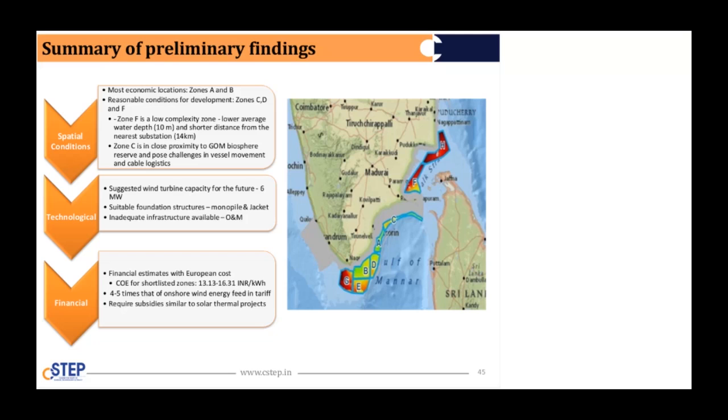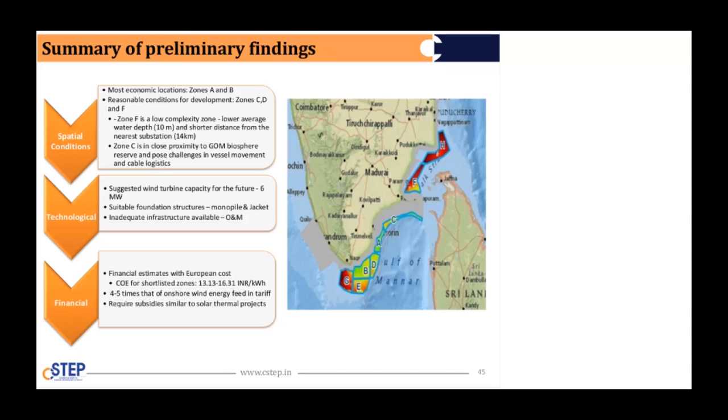Technological findings are that the most suitable wind turbine for the wind profile will be a 6 megawatt turbine. Suitable foundation structures such as monopile and jackets will be suitable. There's inadequate infrastructure currently for operation and maintenance activities, but in recent years, as it's developed, it will give a positive case to the offshore industry.